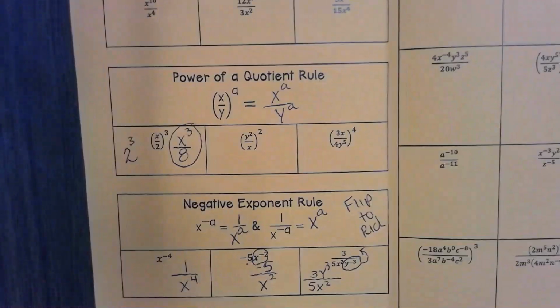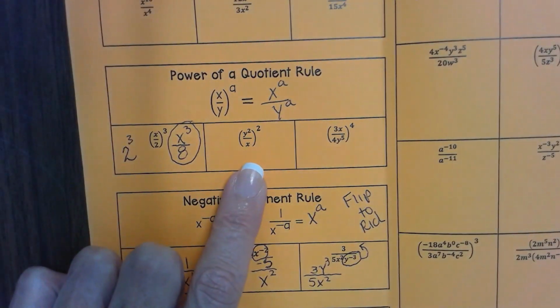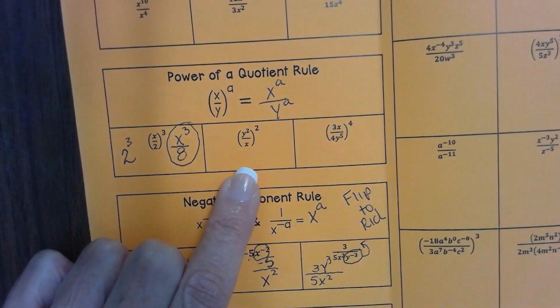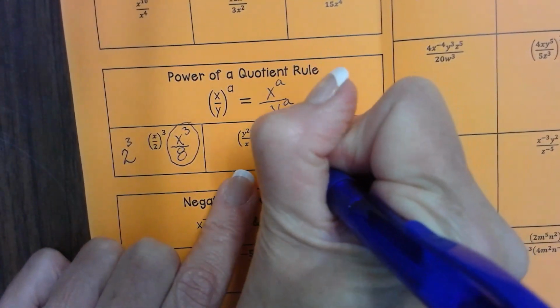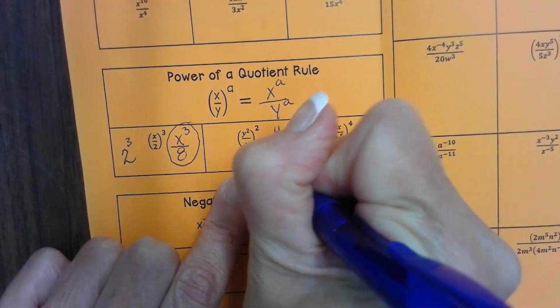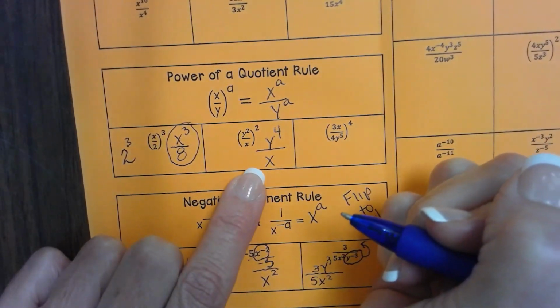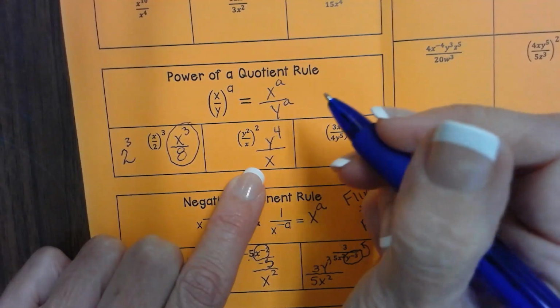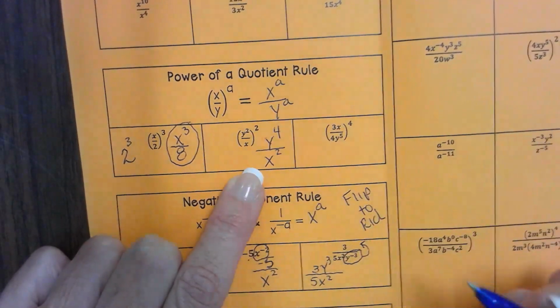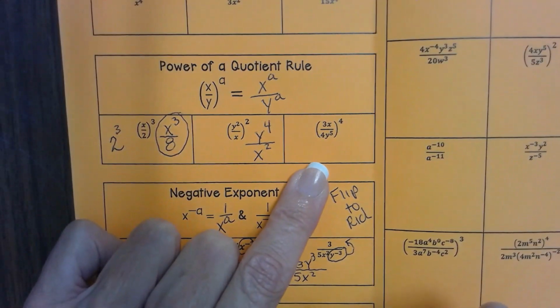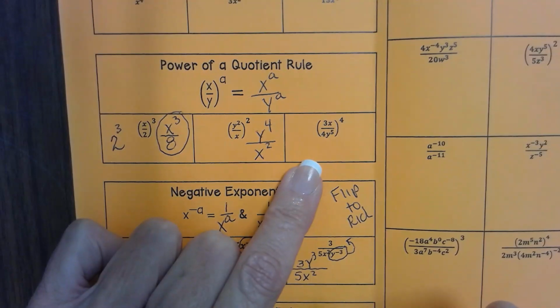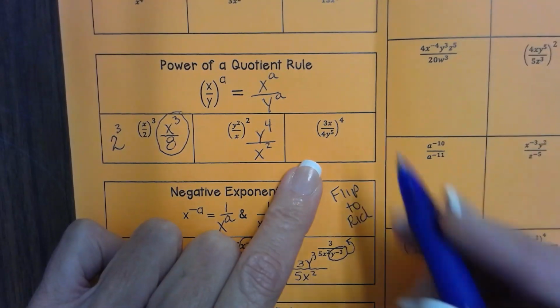Okay? All right, how about this one? What's on top? Y to the... Okay. What's on the bottom? What's in the denominator? X to the what? X to the 2nd. Okay? And last one. Y'all might need a calculator. This isn't 3 times 4.